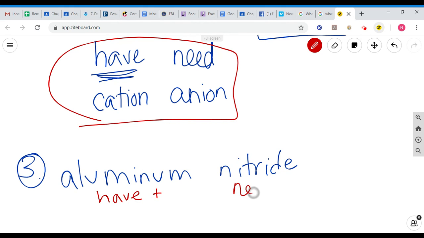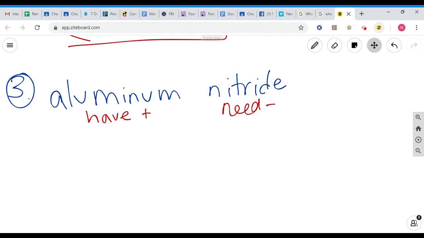And nitride is what it needs. Okay, so take a moment and find aluminum on the periodic table. Aluminum is Al. And how many valence electrons does it have? That becomes the charge.